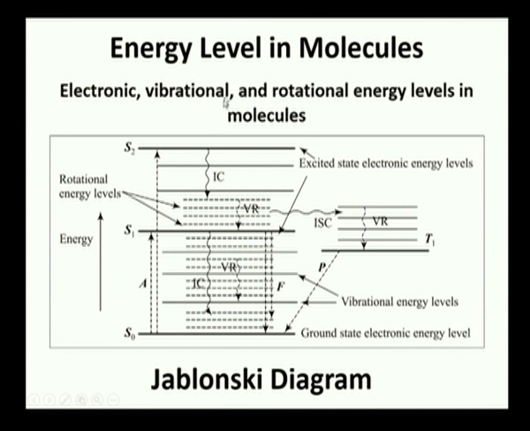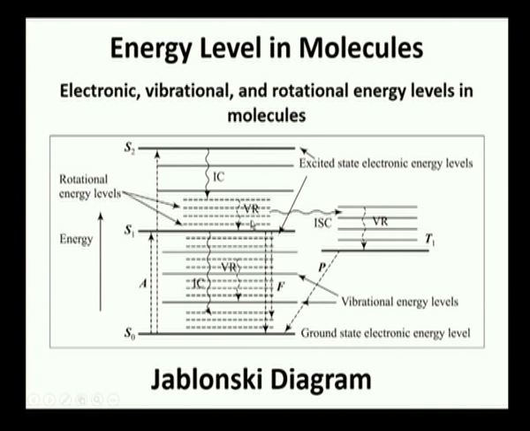That means when the electrons get de-excited from the highest excited singlet energy level to lower rotational energy levels, it is known as internal conversions. When the electrons get de-excited from the higher vibrational energy levels to lower vibrational energy levels, it is known as vibrational relaxation.